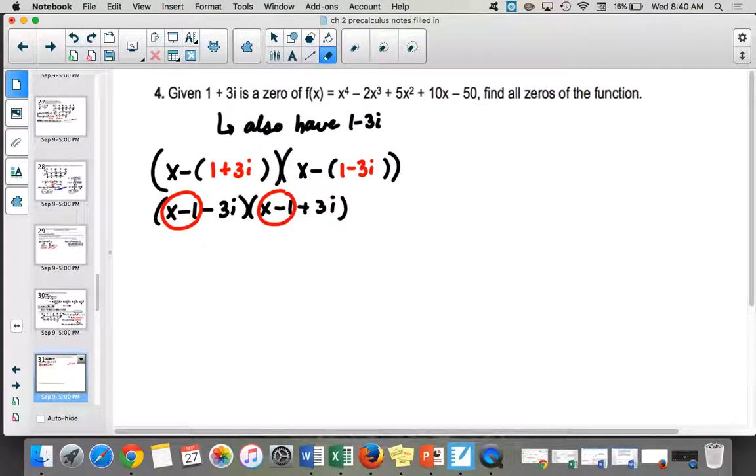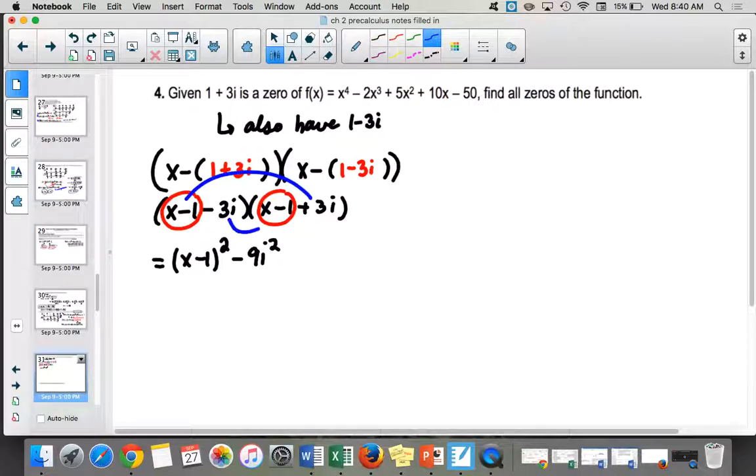That's what we're doing here. So we're going to get x minus 1 squared minus 9i squared. And then the outer and inner stuff will go away. If you did it the long way, do you remember how you'd have minus 3i plus 3i, and so on? All those things with i will go away.